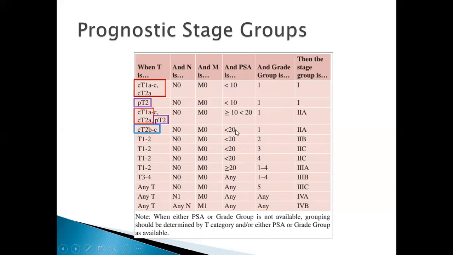All of these 5 are less than 20, but you'll see that the grade groups are different: 1, 2, 3, 4, okay? So you can see how everything can be the same here, but when you get to the different grades, then you have different stage groups, okay?